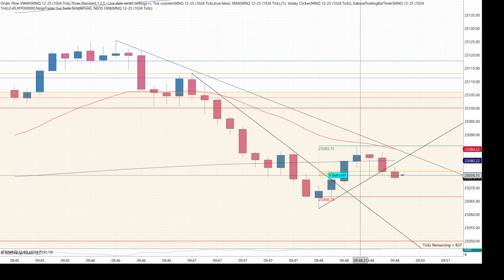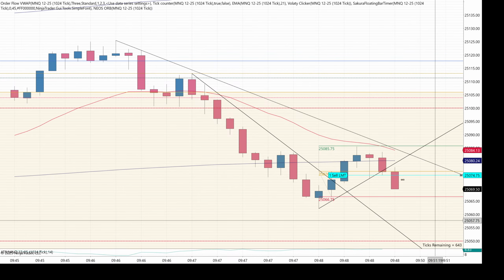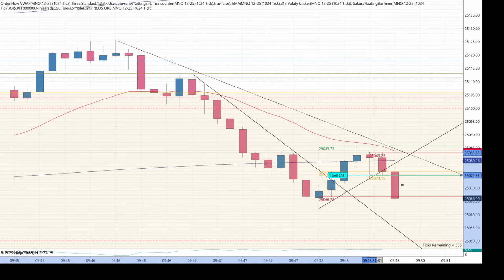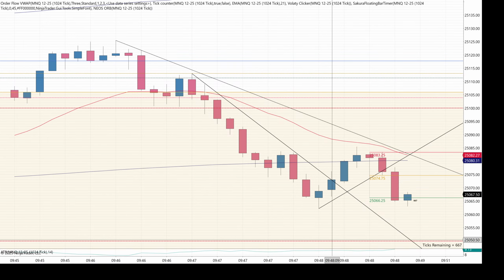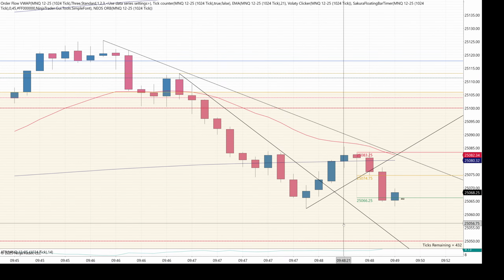This would be a bearish signal. I think I missed it. Yep, I missed it. Did not execute on time.